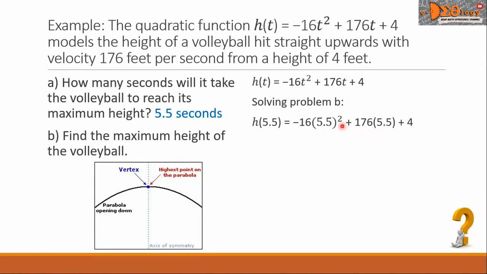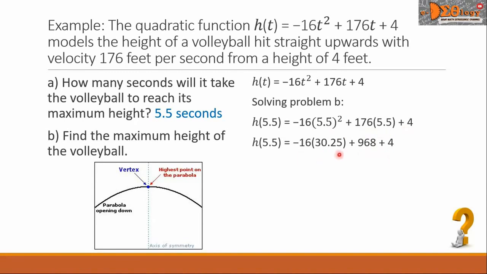Simplifying further, the square of 5.5, we will simplify that into 30.25. And then plus, we get the product of 176 and 5.5, and that is equal to 968. We simply copy the constant plus 4.